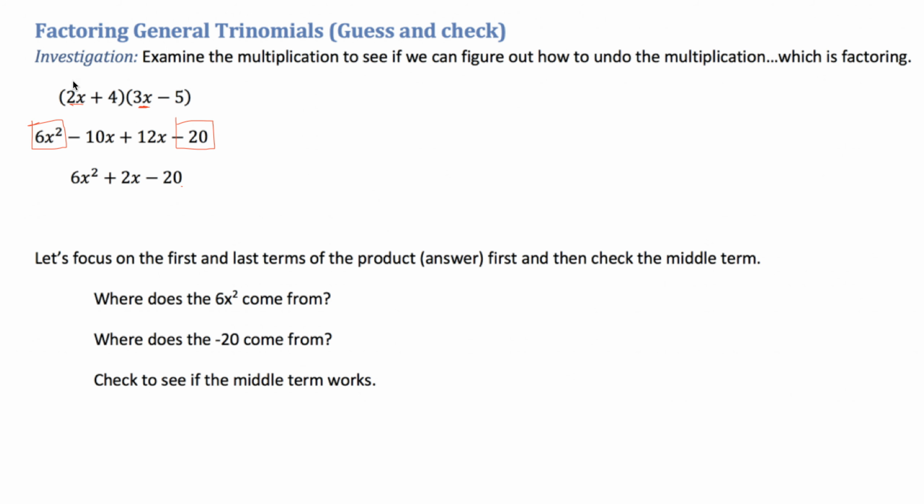If we think of FOIL, the 6x squared comes from the F. The last term, or the L, comes from 4 times negative 5. So this came from the first two terms, 2x times 3x, and this comes from the 4 times the negative 5. Where does this middle term, 2x, come from?